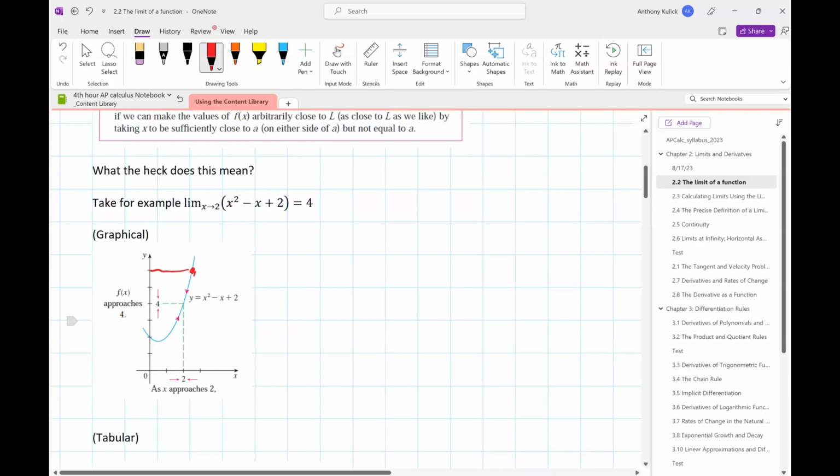That looks like 6, and I can get that by making x equal to 3, right? If I want to get a little bit closer, say maybe to 5, it looks like I can get that by taking like 2.5. The closer I'm getting to 4, the closer the corresponding x value is getting to 2. Does everybody see what we're saying? We're getting arbitrarily close to 4 by selecting values that are getting closer and closer to 2.